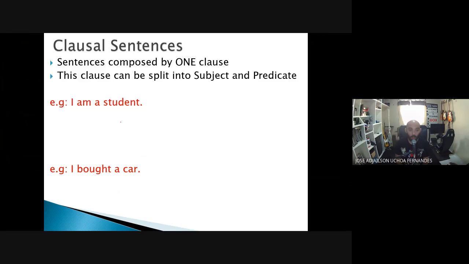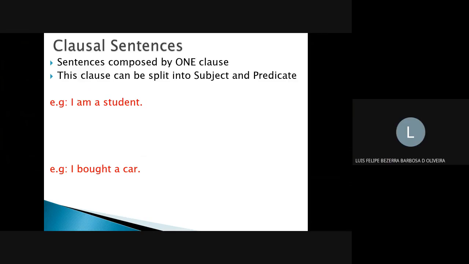Okay. But how about "a student"? Can I say "a student" is the object of the verb to be? Or it is a predicative complement? Justify it. It's either one or the other. A student is either a predicative complement or the object. How do you feel about that?